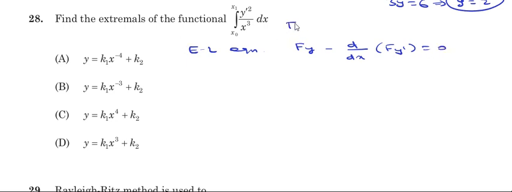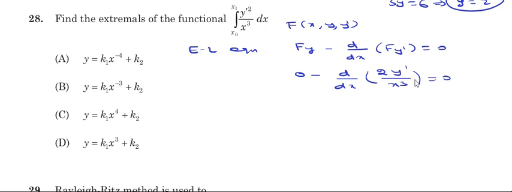What is f? f is a function of x, y and y dash. fy is partial differentiation of f with respect to y, and fy dash is partial differentiation of f with respect to y dash. So here fy is 0, so minus d by dx of fy dash, which is 2y dash by x cube, equal to 0.